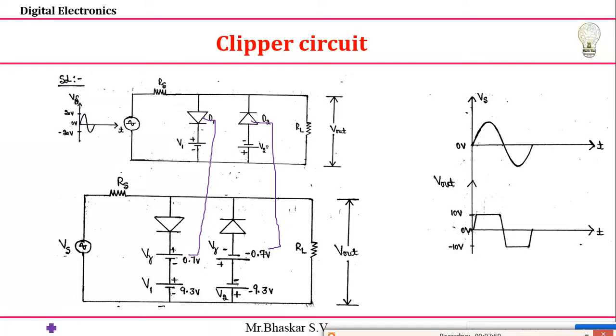While writing, it is very important to observe carefully that this is the anode, plus minus, so the equivalent knee voltage you also need to write as plus minus of 0.7. Here it is the opposite way, minus plus of 0.7.